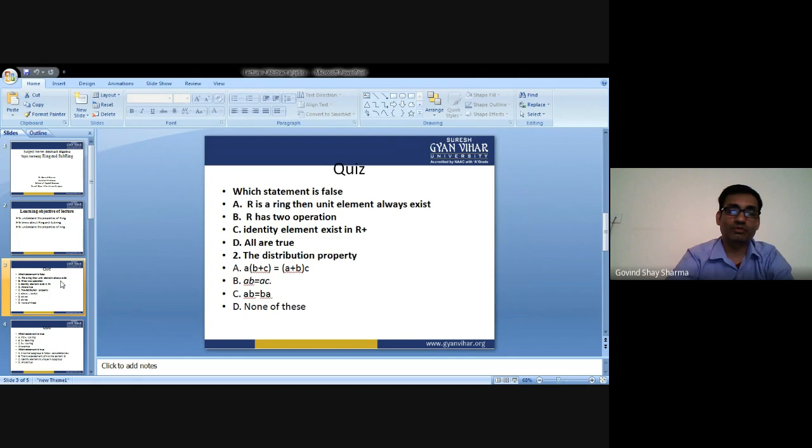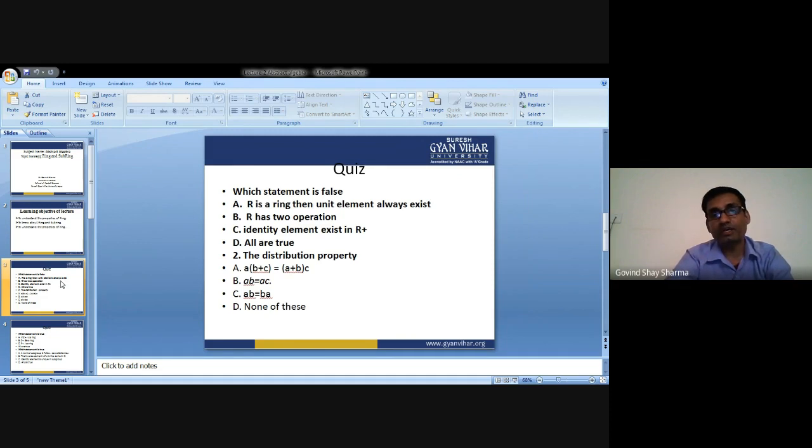What do you think about that statement? It should not always exist, because if a unit element exists, then it becomes a ring with unity. So this is not always true. R has two operations, that's right. R has two binary operations, addition and multiplication.